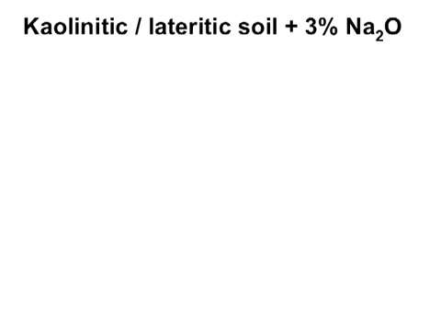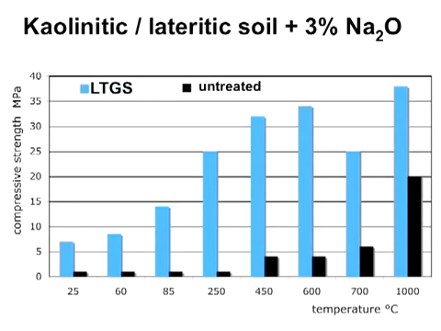So here we have some examples of the property when we add 3% of the sodium to a kaolinite and lateritic soil, and we show the increase of strength, this is compressive strength in megapascal, with the temperature.